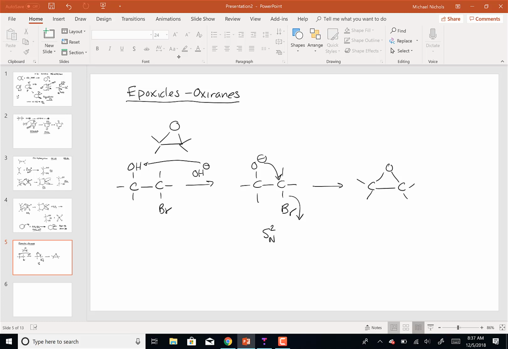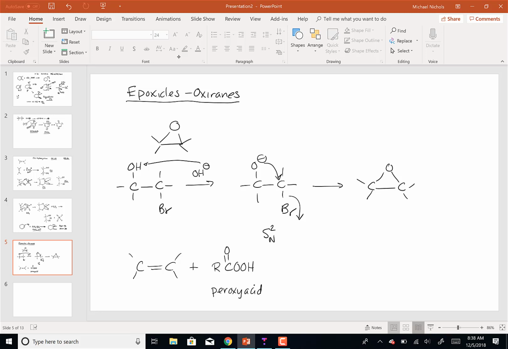Another way to make epoxides is to just simply take the double bond and react it with a single reagent. The single reagent is called a peroxy acid. So that per term means that something has an extra oxygen in it.